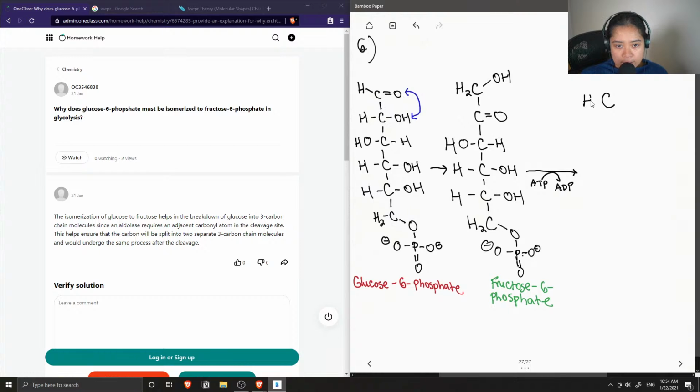And because it is now an alcohol group, we can easily attach a new phosphate to this carbon.